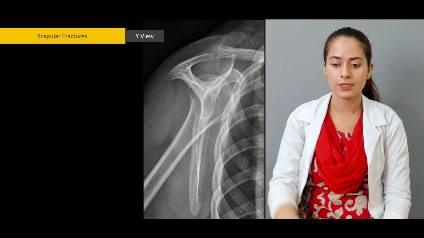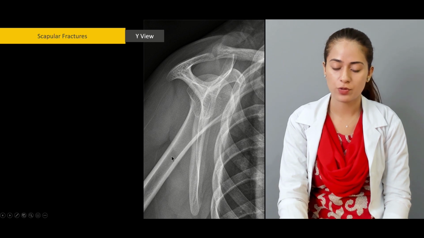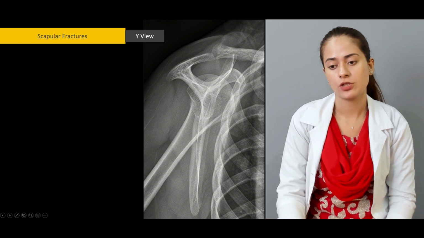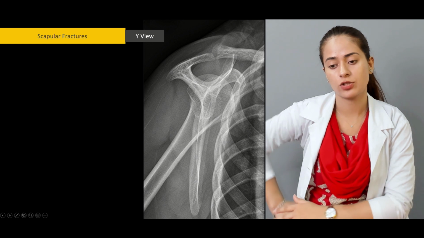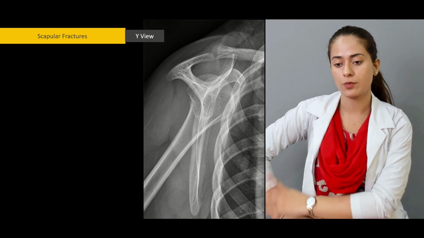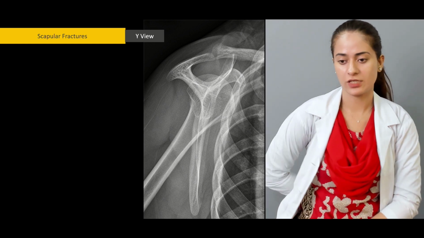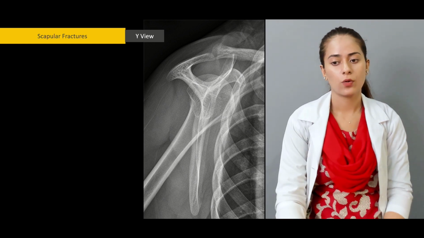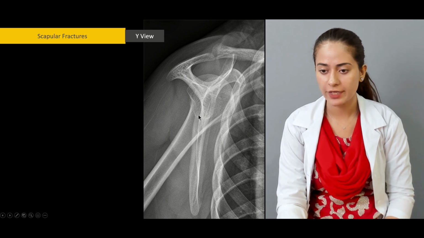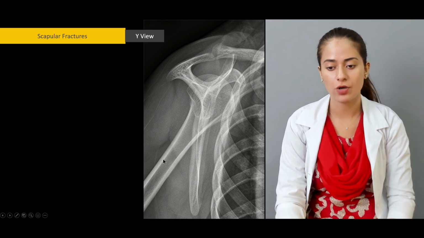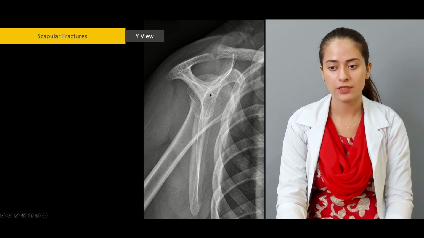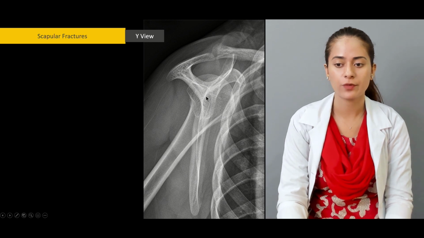But this here is probably a position in which the arm and the forearm are placed this way. So this is the humeral head, and because of the placement of the arm, the glenoid cavity is not in the center, but the Y is very visible.